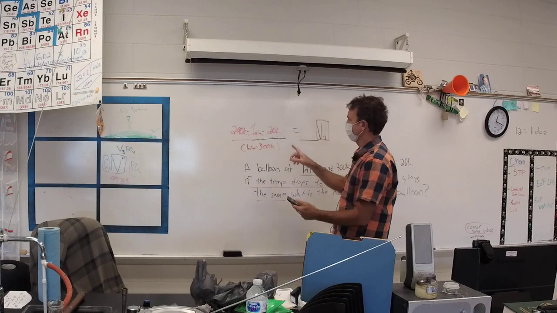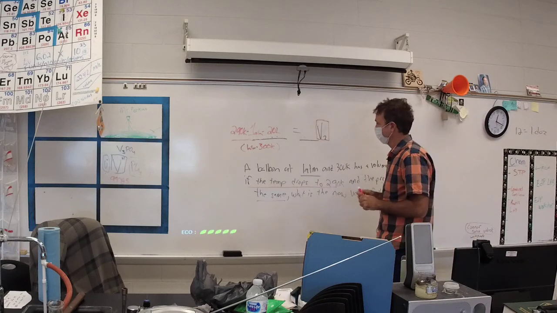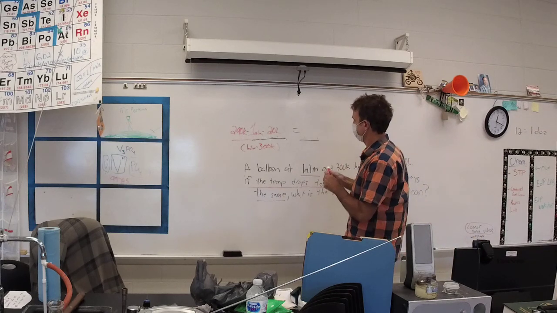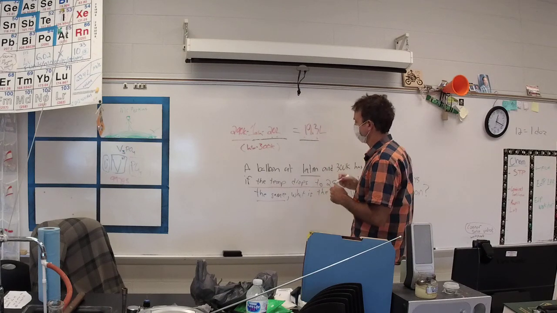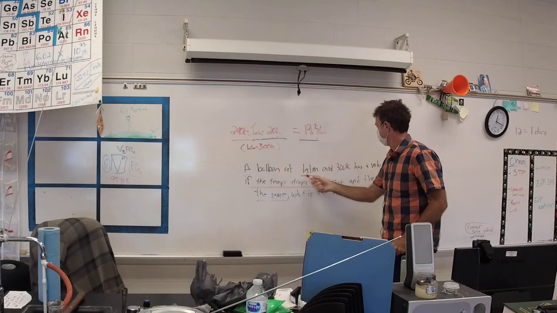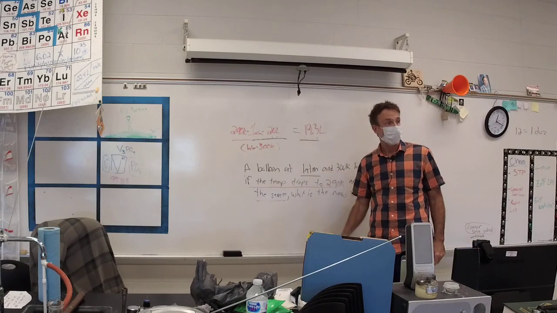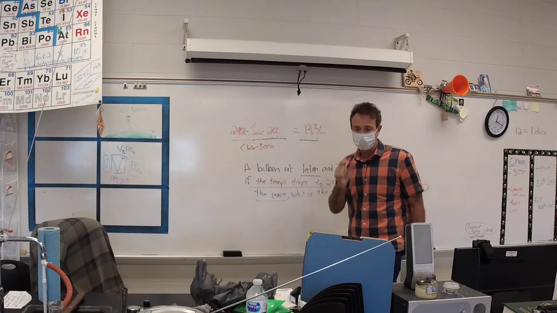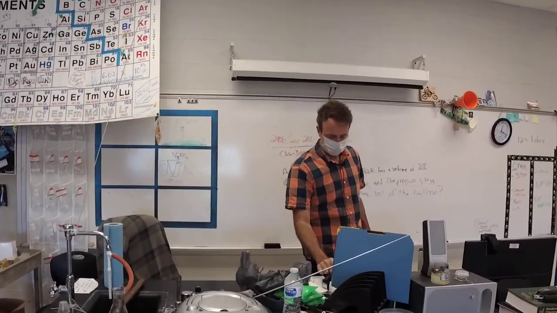The new volume is going to be 19.3 liters. You can ask yourself, does that make sense? Do you think if the balloon got colder, it would get a little bit smaller? Yeah, it would.